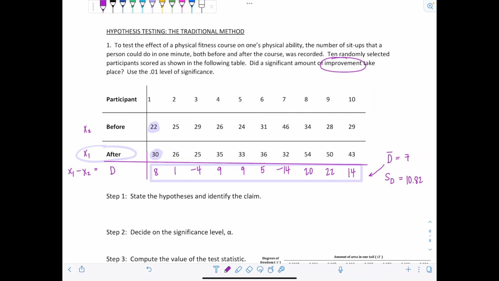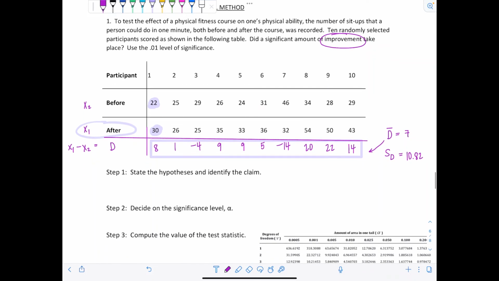Okay, so state the hypotheses and identify the claim. So null hypothesis, always the same, mu sub D equals 0. Or as your homework and book like to do, mu1 minus mu2 equals 0.